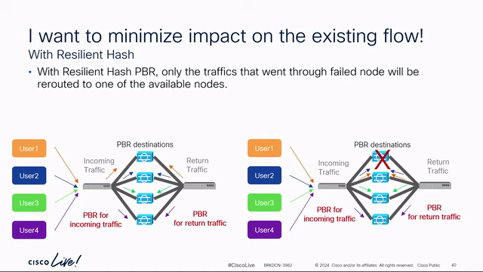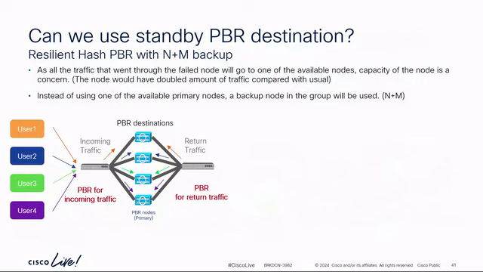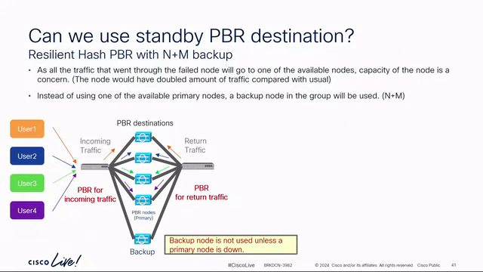Then you might need to set a limit in the steady state. Let's say, thinking about this one failure scenario, you might need to set 50% of usage for each service device, which might not be efficient. Then you have another option, having a backup destination.